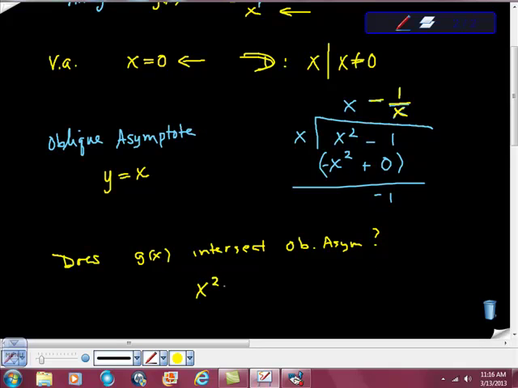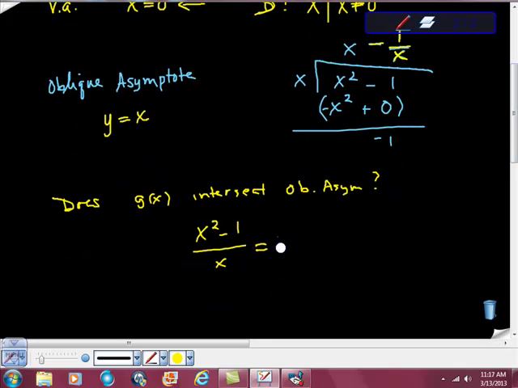Does x squared minus 1 over x ever equal x? Remember, this x right here is the equation of our oblique. We're going to use the means extremes theorem and just cross multiply, and it becomes clear really quickly that we get x squared minus 1 is equal to x squared.